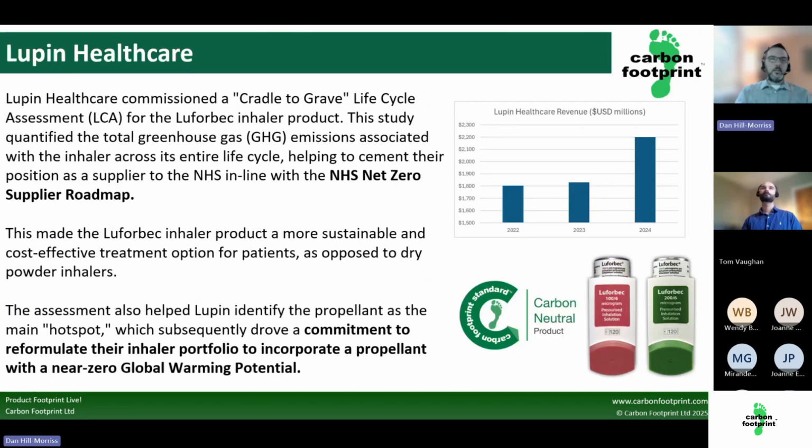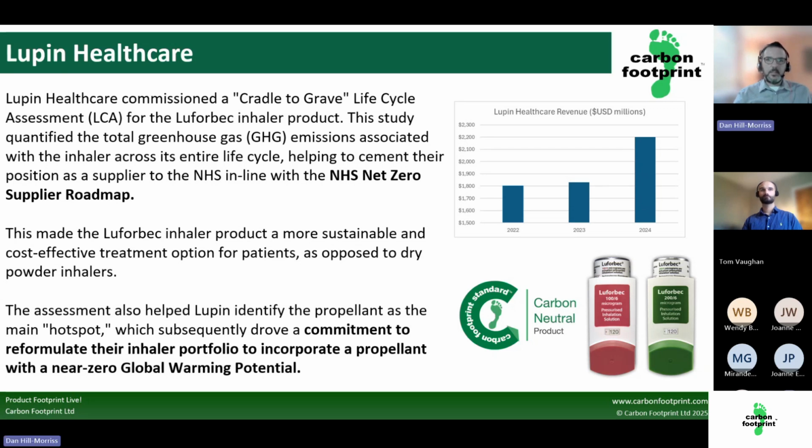We also wanted to talk about Lupin Healthcare. Now, Lupin are an interesting case because the motivation here is slightly different. Their motivation is largely driven, I wouldn't go as far as to say entirely driven, but certainly very largely driven by their customers' requirements specifically. So for anyone who doesn't know, Lupin make respiratory health products, inhalers and similar.